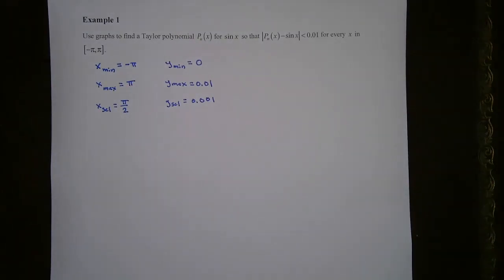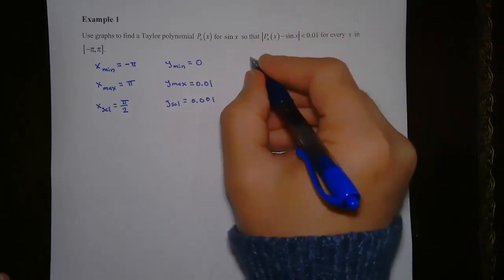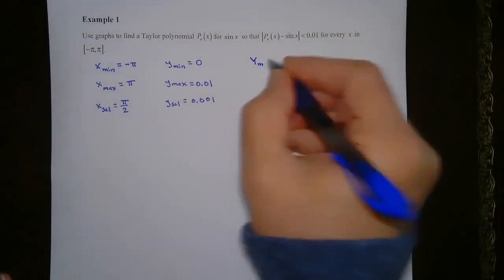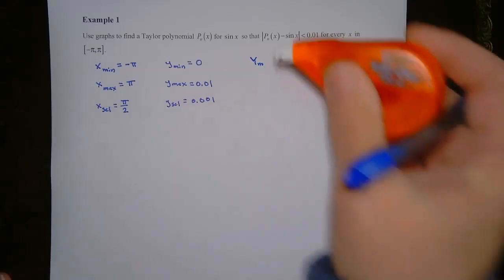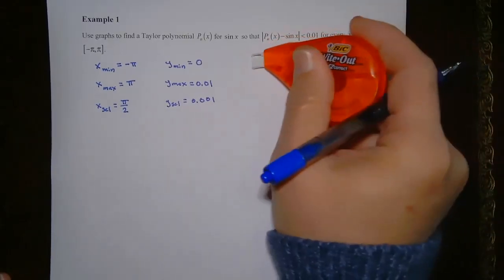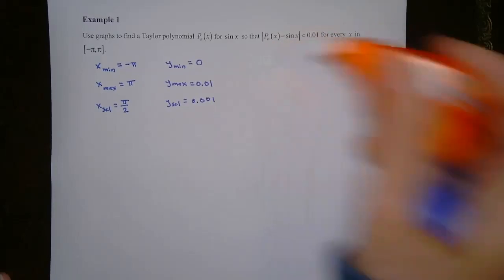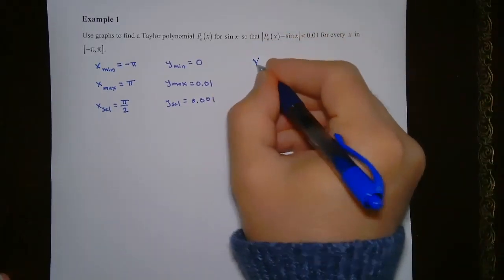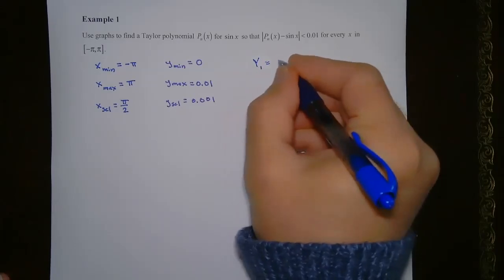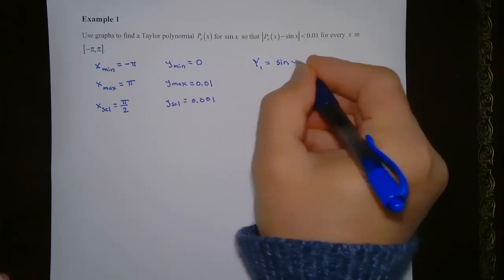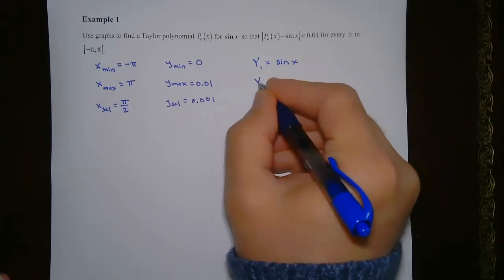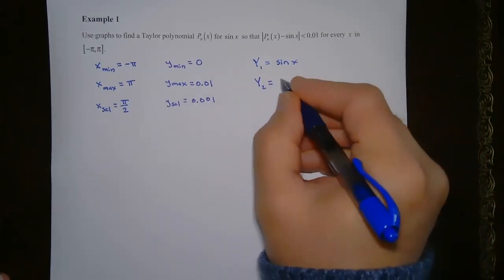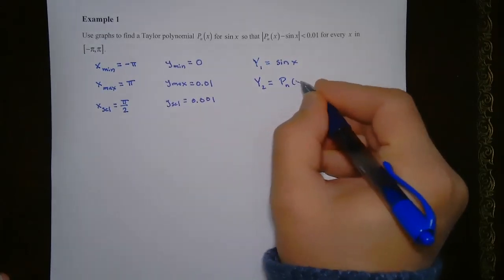We're going to let y1 equal sine of x. We're going to let y2 be our Taylor polynomial, p sub n of x.